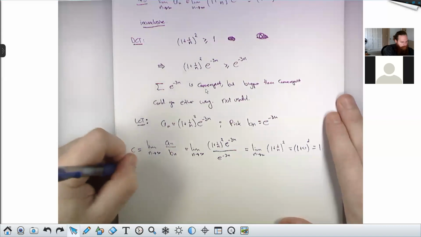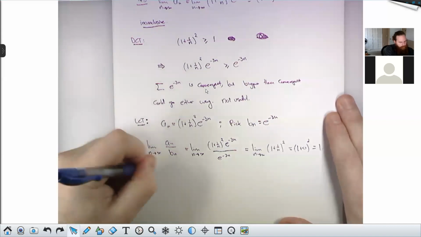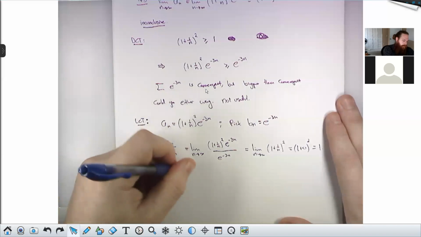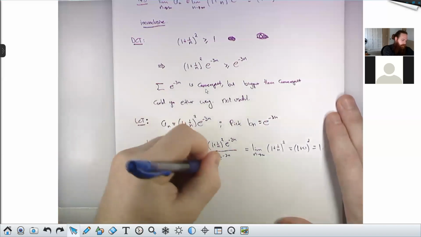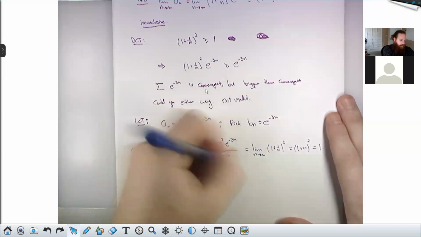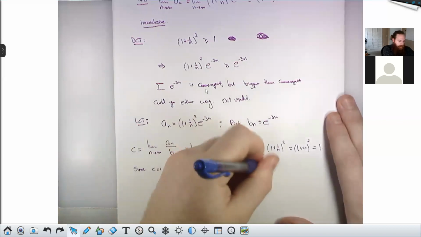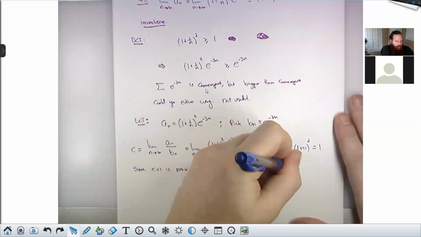Since C is positive and finite, sigma an and sigma bn converge or diverge together.